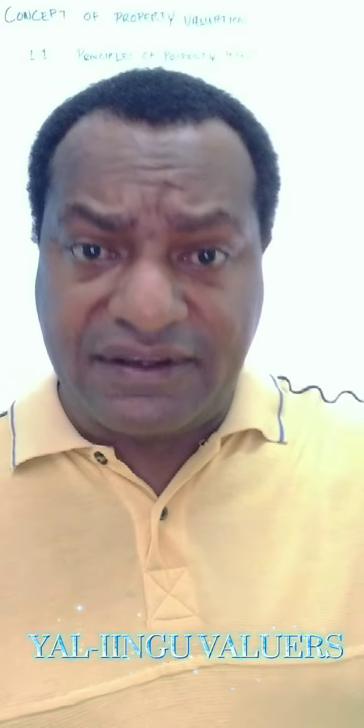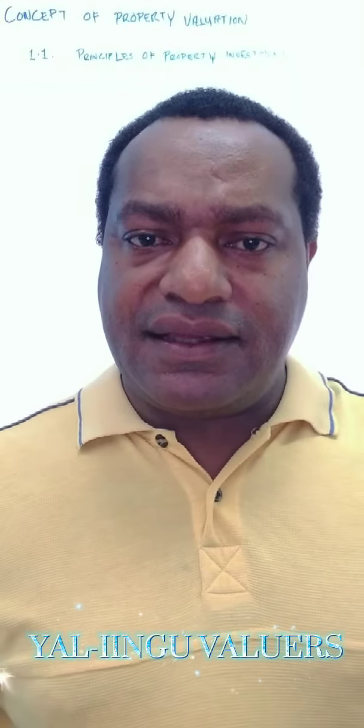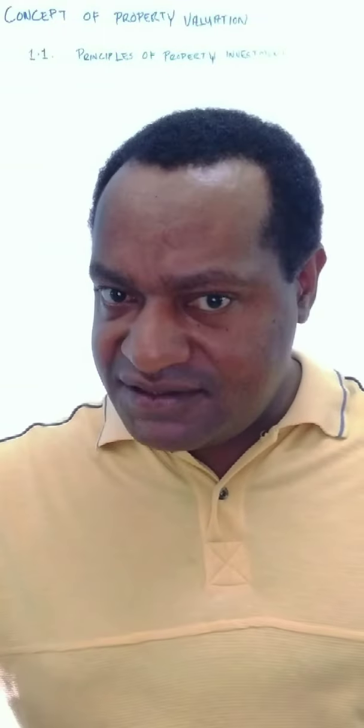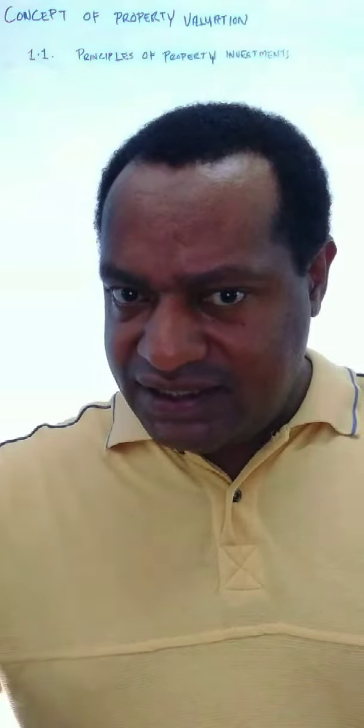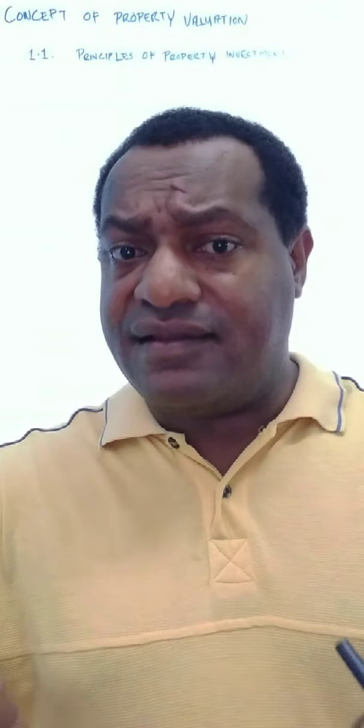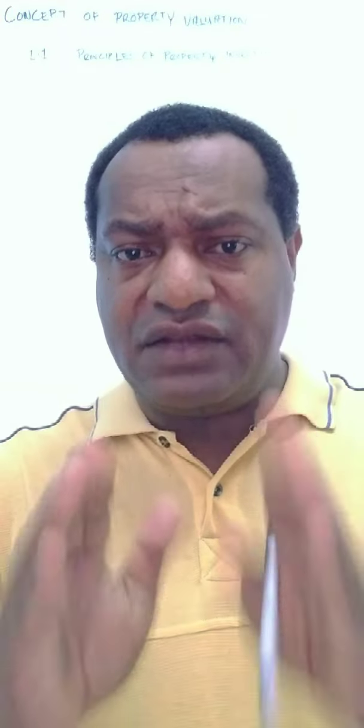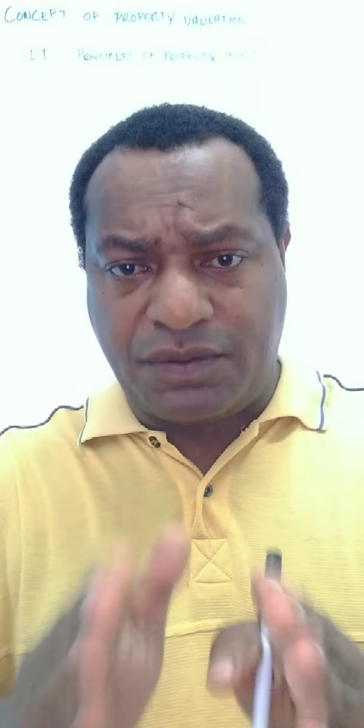And then in the next declaration, like I said, the valuer declares on an assumption basis that no alterations have been done to the property as at the date of inspection and valuation. That is said on the condition that the valuer has inspected the property physically.